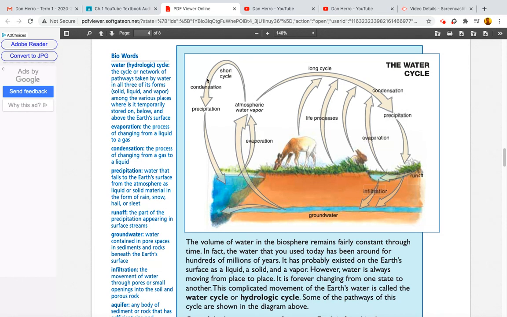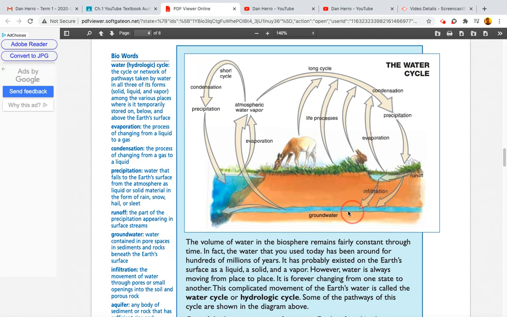All right, so let's look at this diagram of the water cycle. And here's the pond or the lake or the river. You have evaporation, condensation, precipitation, which also means rain or snow, and then it falls back. So it is a cycle.